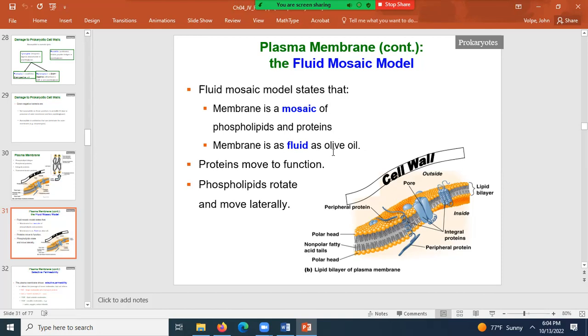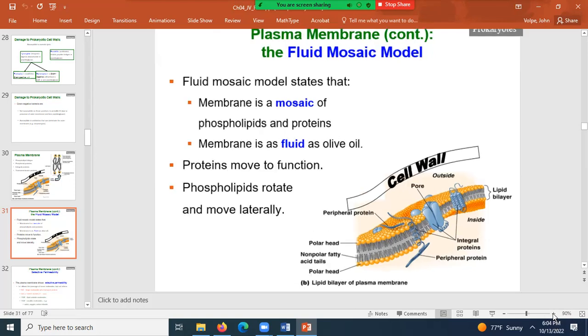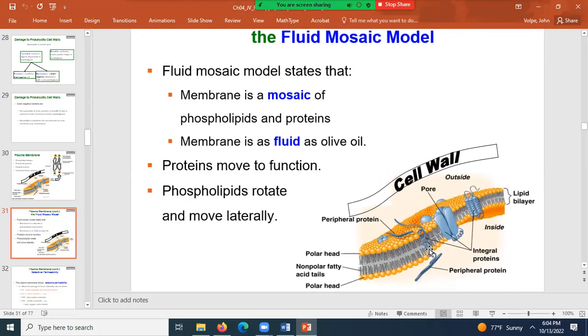It does have proteins in it, and the proteins can move about to function. As you know, if you take an AMP, receptor proteins, when they bind to a ligand, those proteins tend to come together, meaning they do move about in the cell membrane for the protein to function.